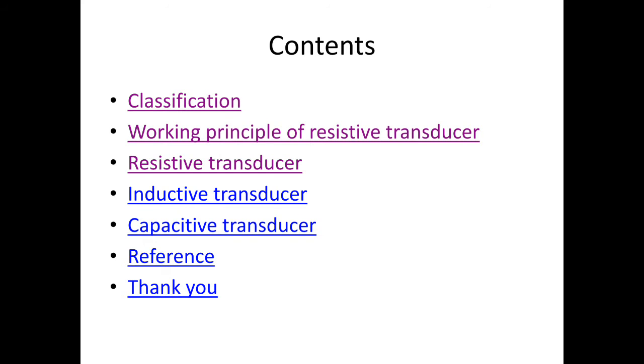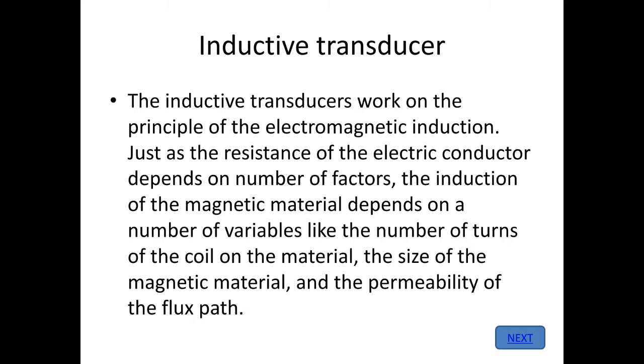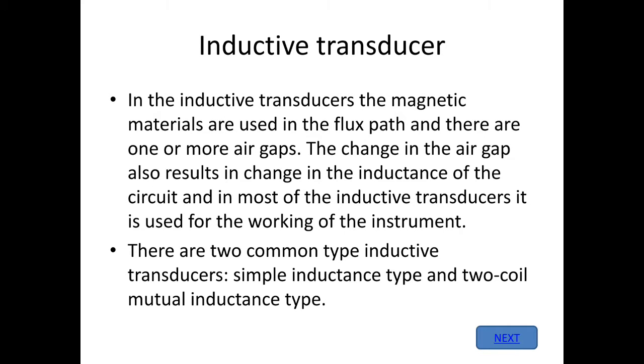And next is your inductive transducer. Inductive transducer differs with the magnetic material which is used and the permeability of the respective inductive material. So according to the air gap, the permeability and the reluctance, I am going to consider.